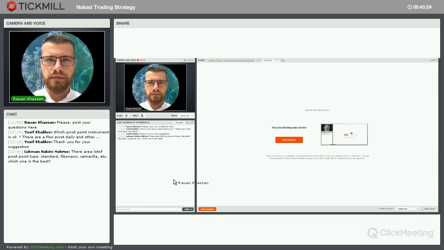So Lukman, you're asking about different types of pivot points. Choosing between standard, Fibonacci, Camarilla, there are also Woody's, and the best option is to follow the most popular ones. So the most popular are standard types of pivot points. They are most widespread and usually more accurate.